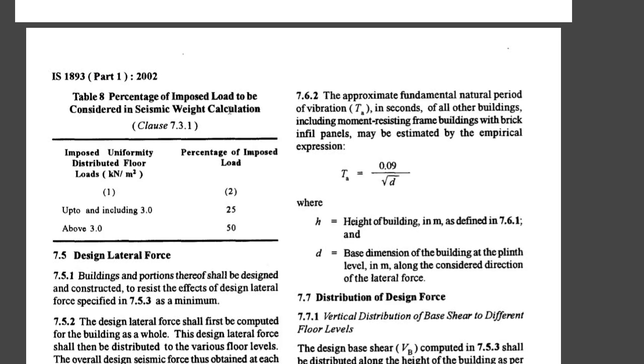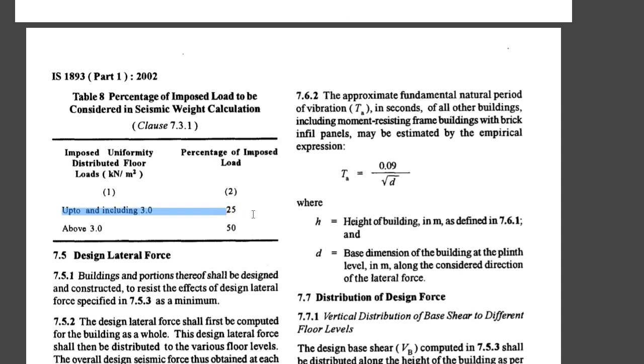They have clearly given up to and including 3. We can take the imposed load as a percentage, that is 25%. I can multiply the value into 25%. So 25% is nothing but 0.25.